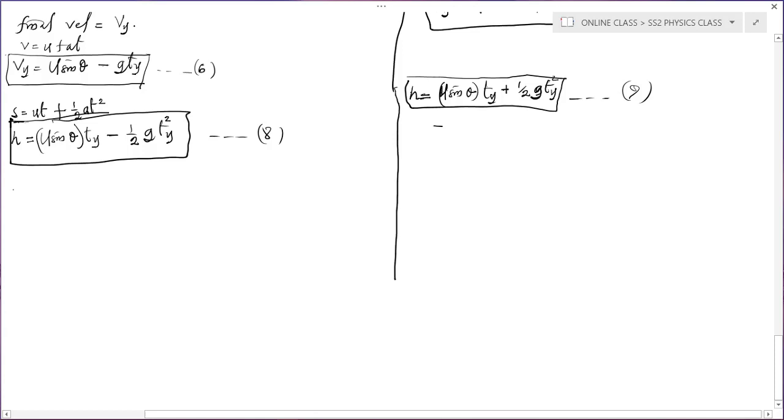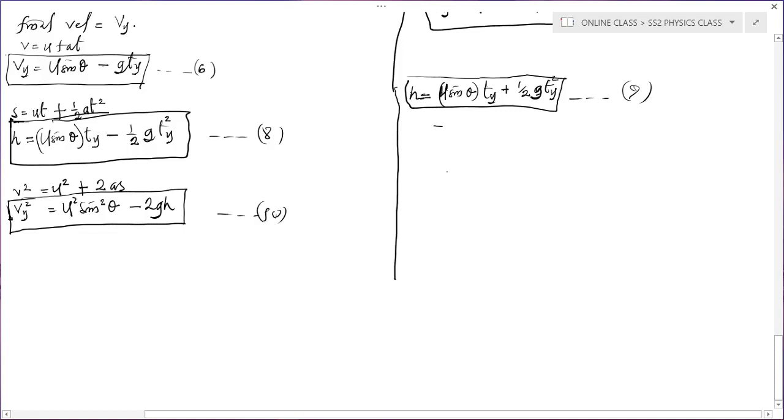Now again we have v squared equals u squared minus 2as, or plus 2as. In this case, we'll be having vy squared equals u squared sine squared theta minus 2gh. This gives you equation 10.